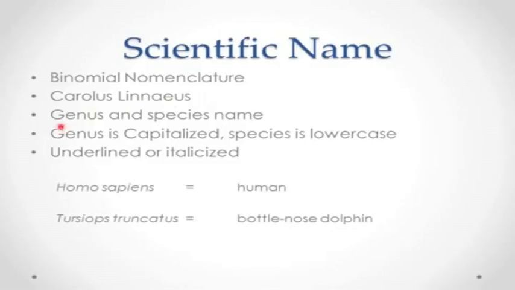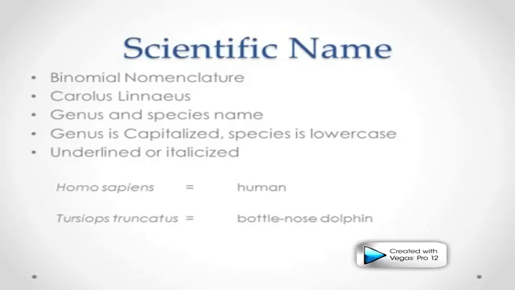And what it does is it uses the genus name and the species name to identify an organism. And when we write it out, the genus name is capitalized and the species is lowercase. And then you either underline or italicize the name. So if you're writing it out, it's hard to italicize, so you'd underline it. But if you type it, it's italicized.